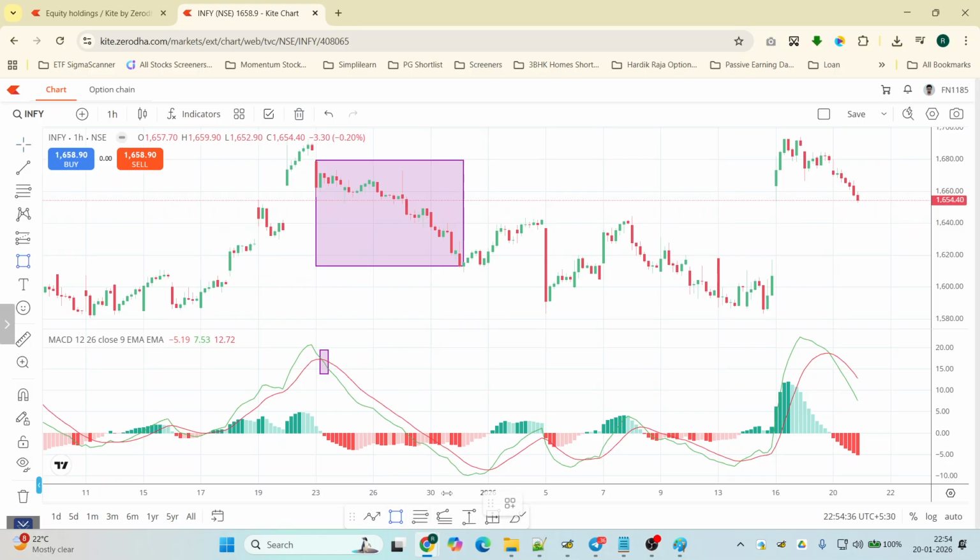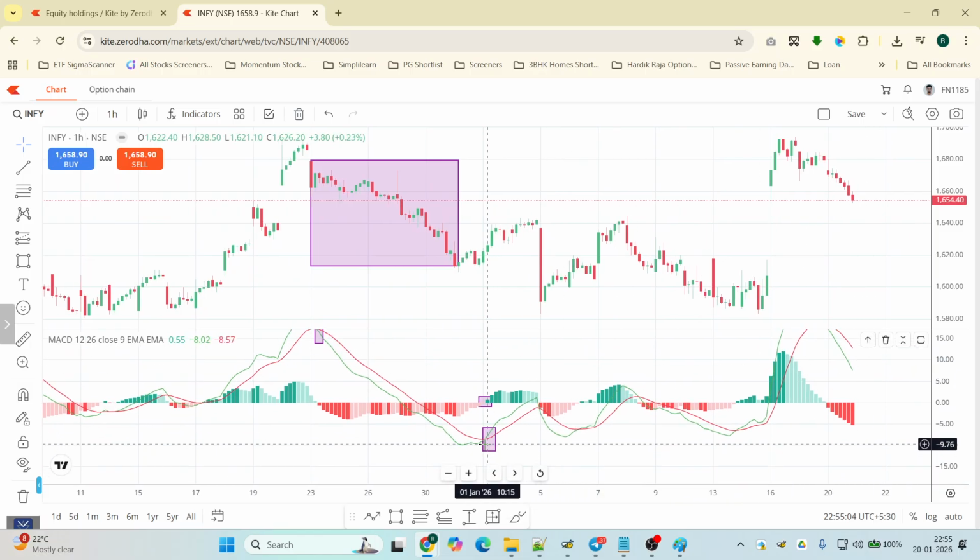Now here and here you can see the histogram is also continuously below the zero line, which also indicates that the downtrend is still there. Now guys, just check this point. The histogram has started coming above the zero line, right? And there is a MACD line crossing above the signal line, which means that bullish momentum has started.